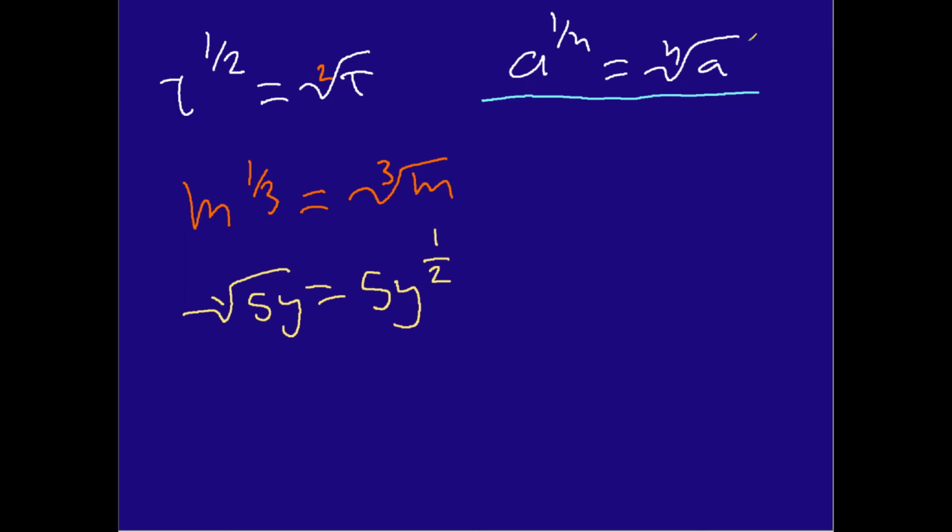So t to the 1/2: 2 is going to be my index, t is going to be inside my radicand, and that's it. And the m to the 1/3 is the same thing. And so you can convert your radical expressions back and forth between being in a fractional form or in some other form like the root form.